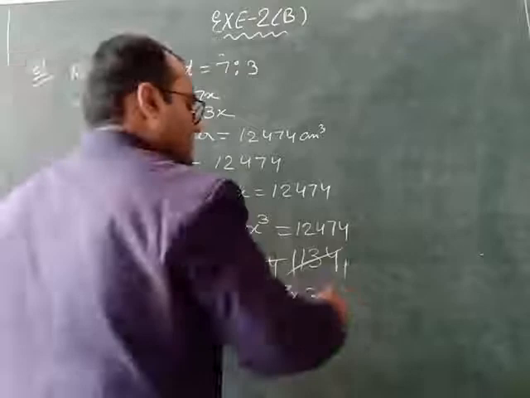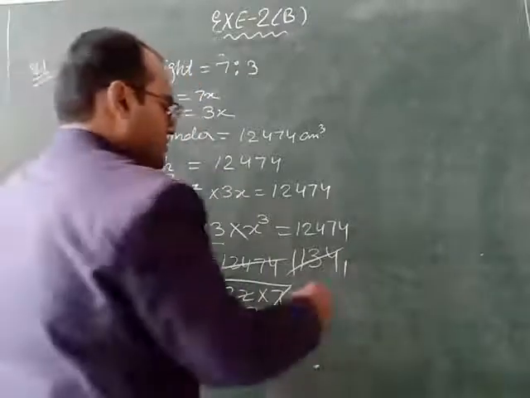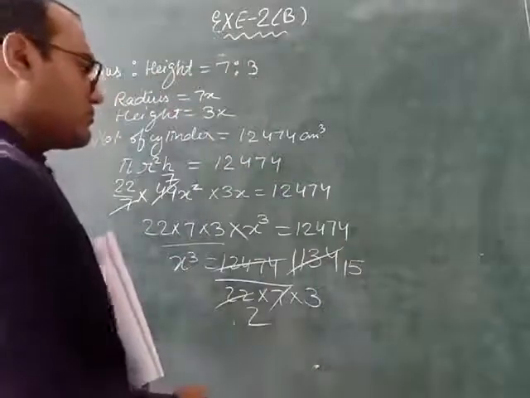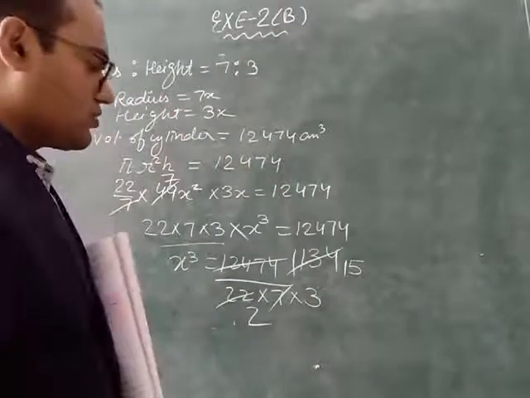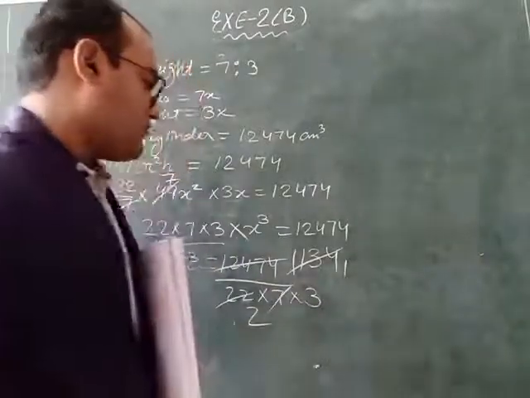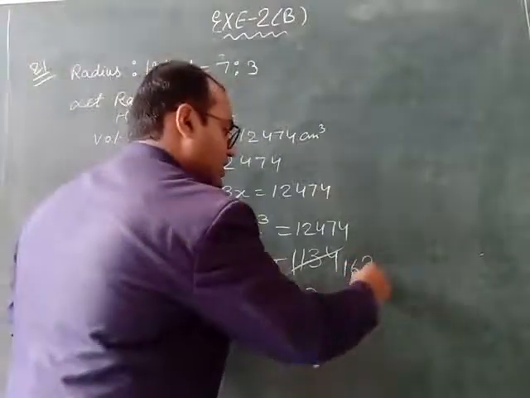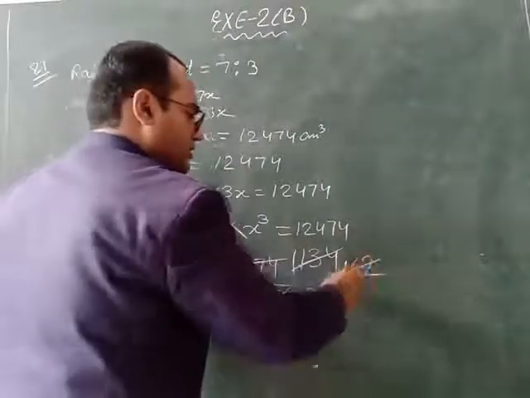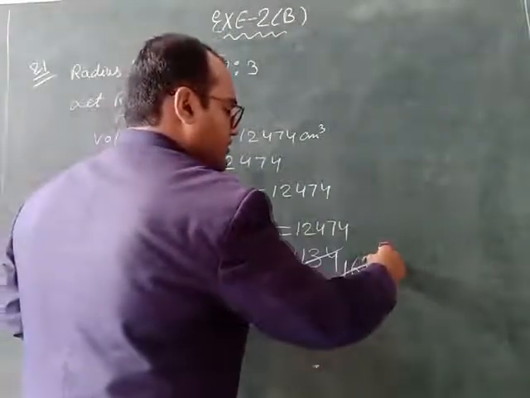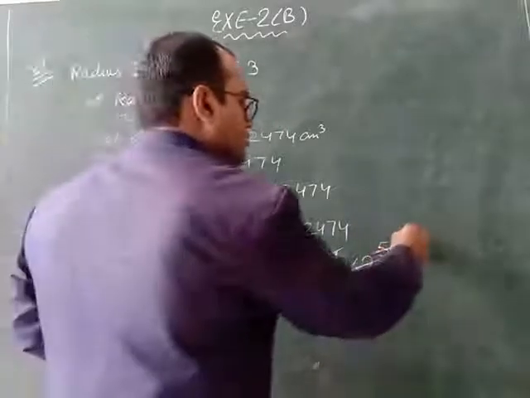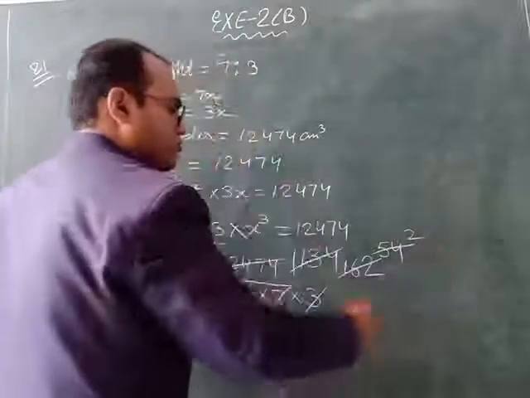Then with the table of 3, and with the table of 2 we will cancel.